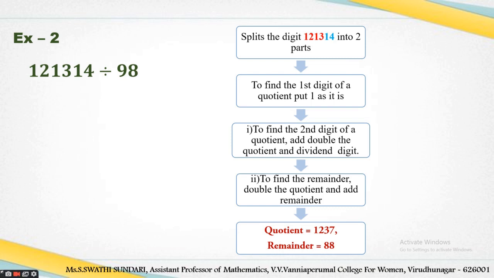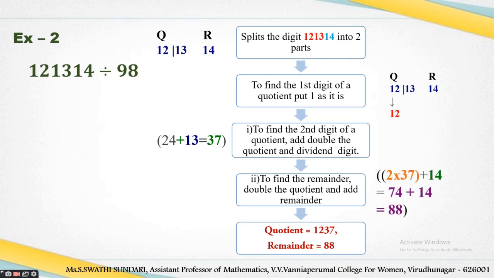Then we double the 12 and add it to the second part of the dividend. 12 doubled is 24, which is added to the second part of the dividend, 13. So 24 plus 13 equals 37. Finally, we double the 37, which is added to the last part of the dividend, that is 14. 37 times 2 gives 74.